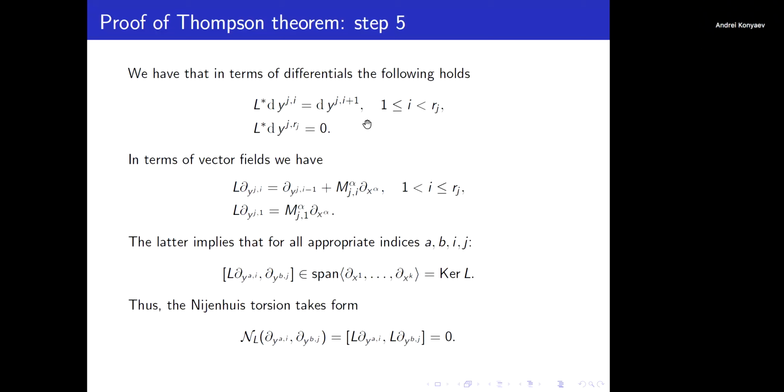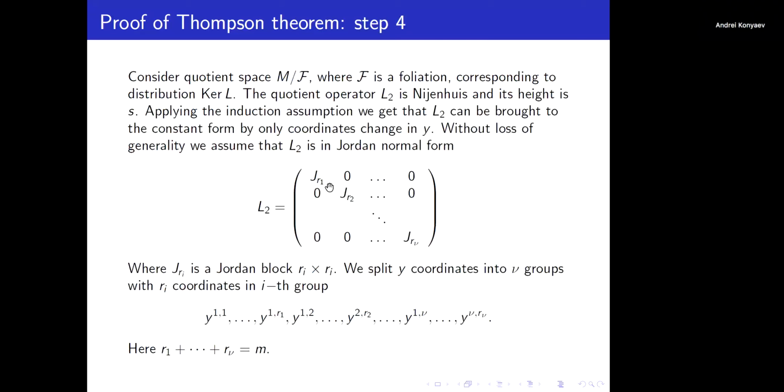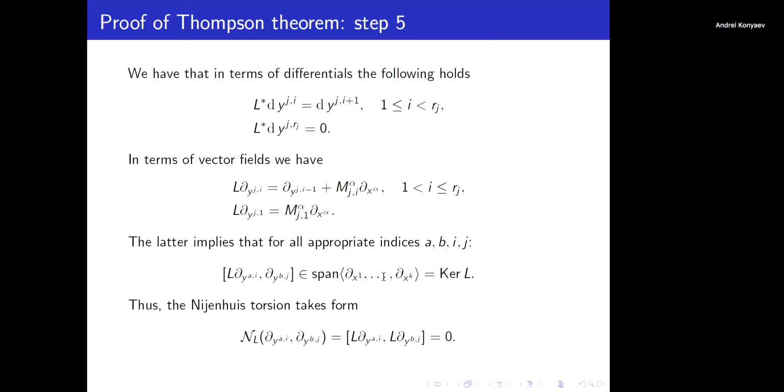Then, in terms of vector fields, we have more complicated formulas because we take those y's, right? And we get this formula, and we get this formula. Here we have a multi-index notation, same as here. It means that we took the column which corresponds to the jth block and to the ith column in the jth block.